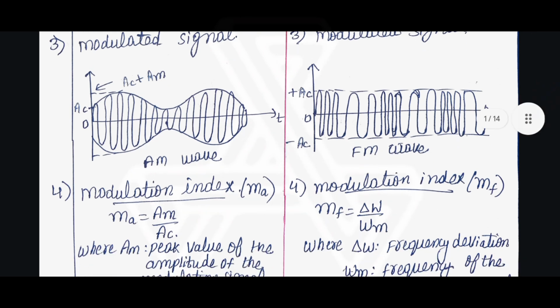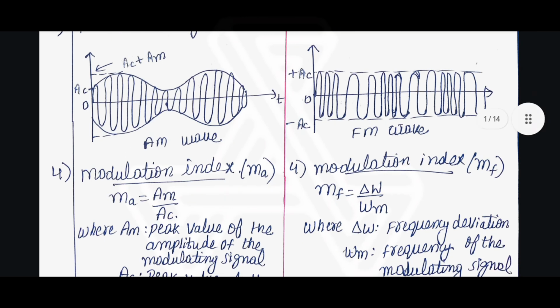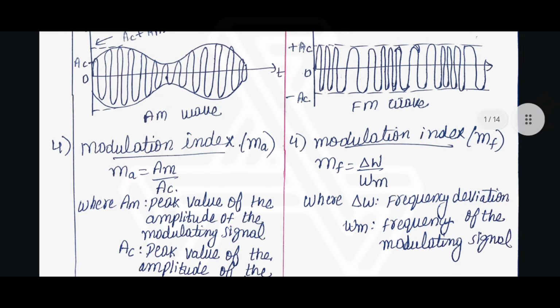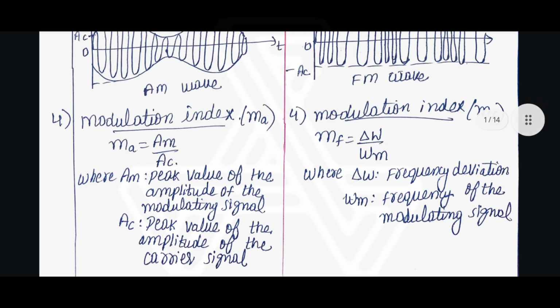AM wave: Ac plus Am, Ac minus Am. FM wave. Modulation index mA is equal to Am by Ac. Modulation index mF is equal to delta W by Wm.